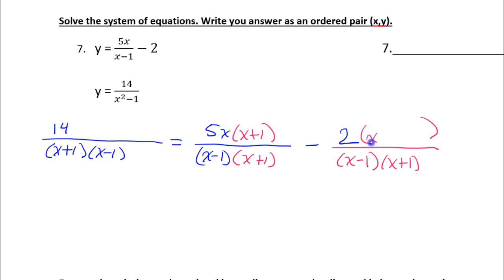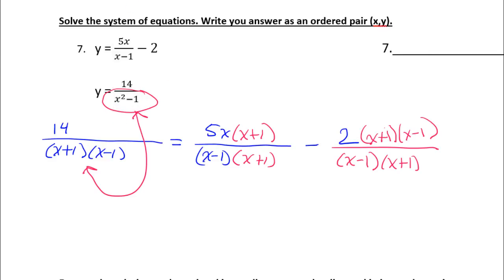I'm going to do one little shortcut though. If I put x plus 1 times x minus 1, remember, when we factored this in the first place and we put x plus 1, x minus 1, we understand that that's how you factor the difference of two squares. Well, this is a two-way street. If I see x plus 1, x minus 1, I know that that comes from x squared minus 1.